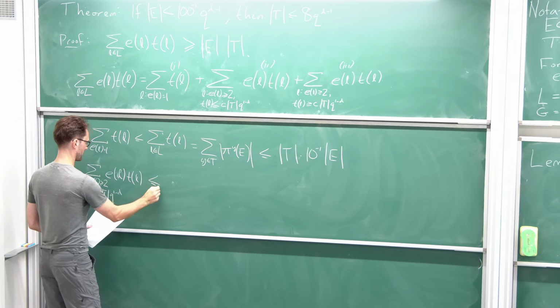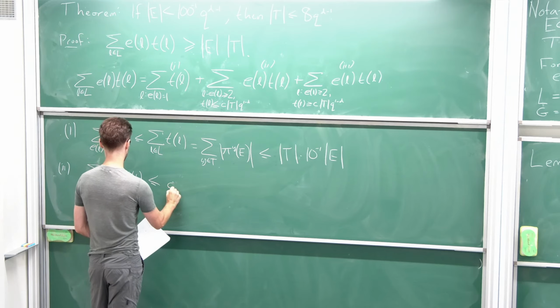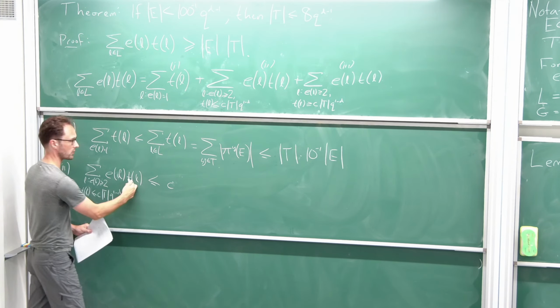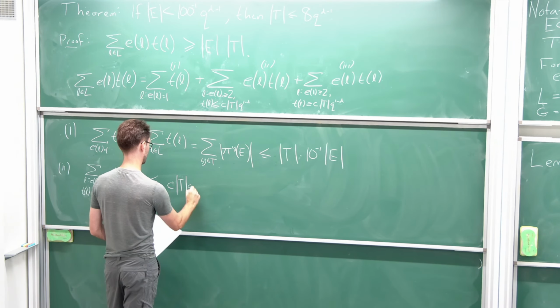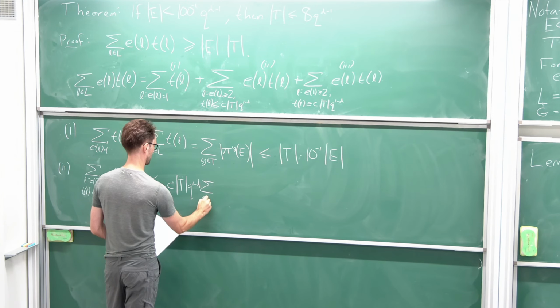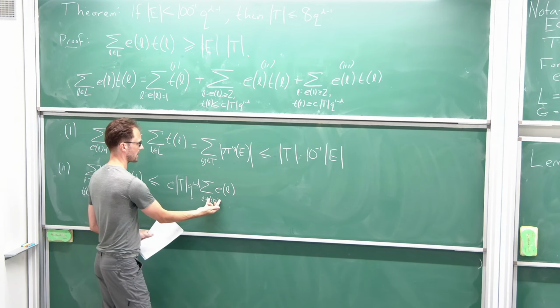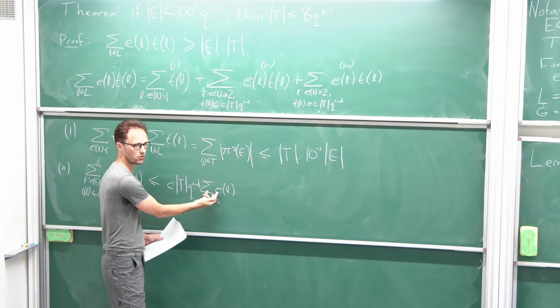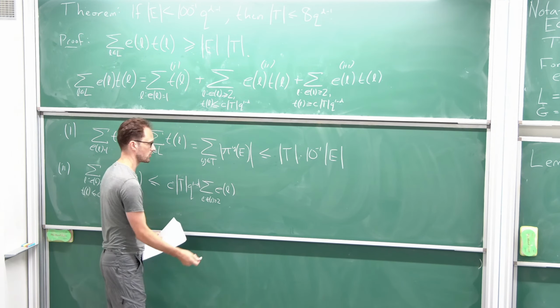So of course, we'll just use this bound here to pull out the T. But then, because we're only counting points that contain at least 2 points of E, each pair is going to be counted just once.